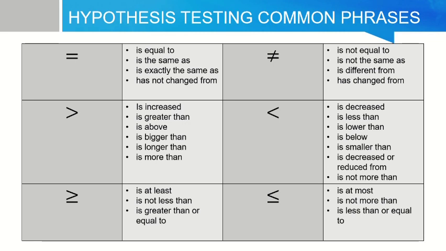Alright? How about this? Kung ito is at least, ito naman is at most. Is not less than, is not more than, is greater than or equal to, or is less than or equal to, kapag ito ang symbol.